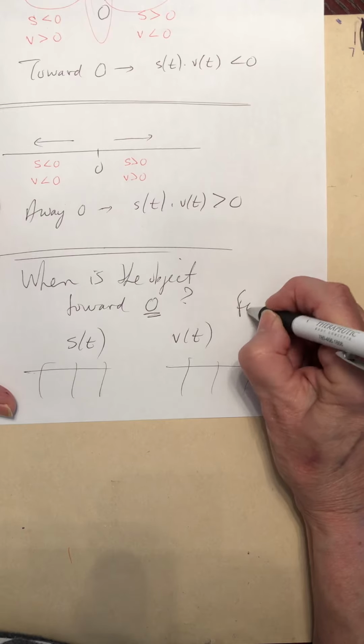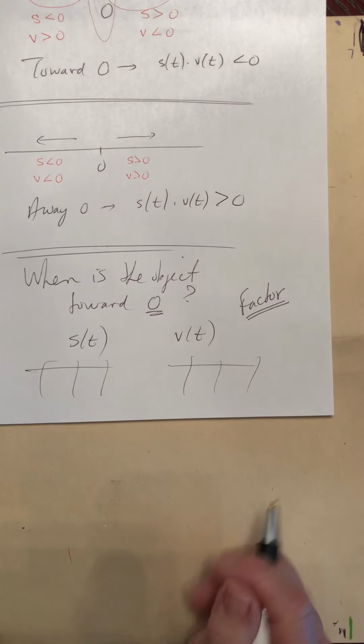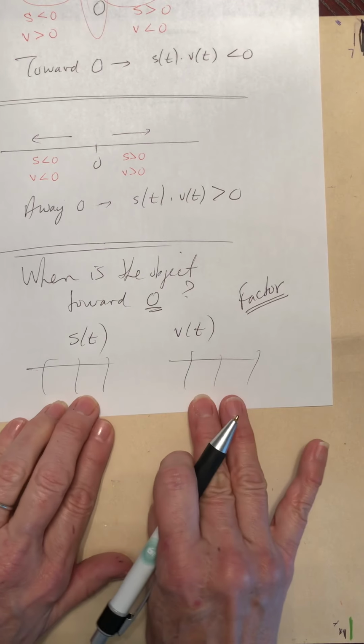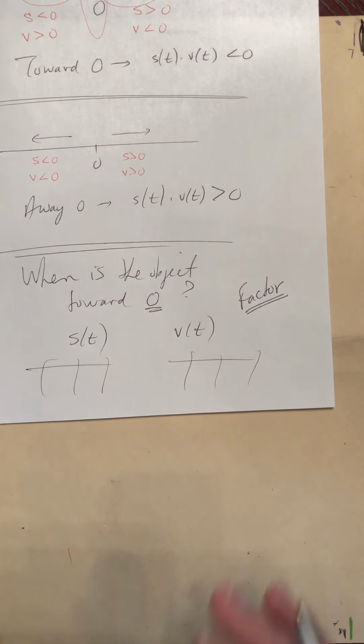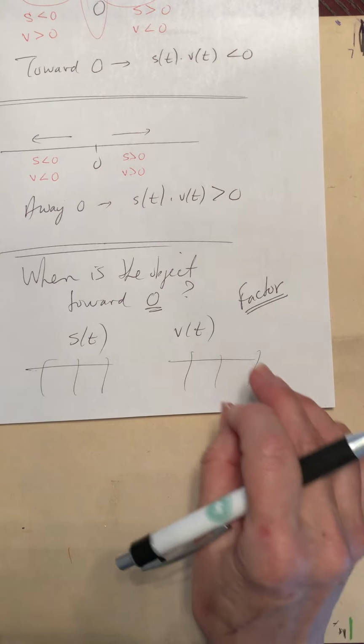So we are talking about being able to factor, right? Critical numbers come from factoring, but then you could use the results of these charts to talk about are you moving away from 0 or towards 0. So lots of, there's algebraic interpretations, there's the word interpretations, and there's the graphical interpretations.